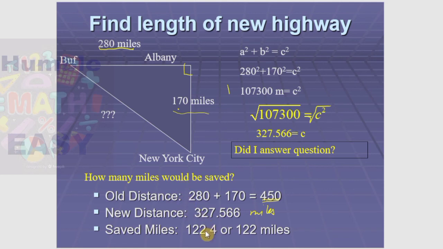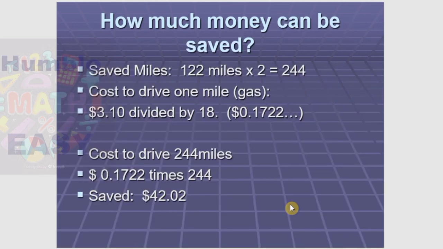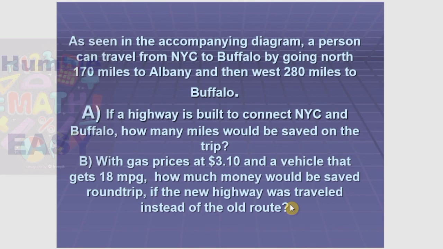Then he saved 122.4, because we subtract 327.566 from 450. So it is just 122 miles if we round off to the nearest whole number.